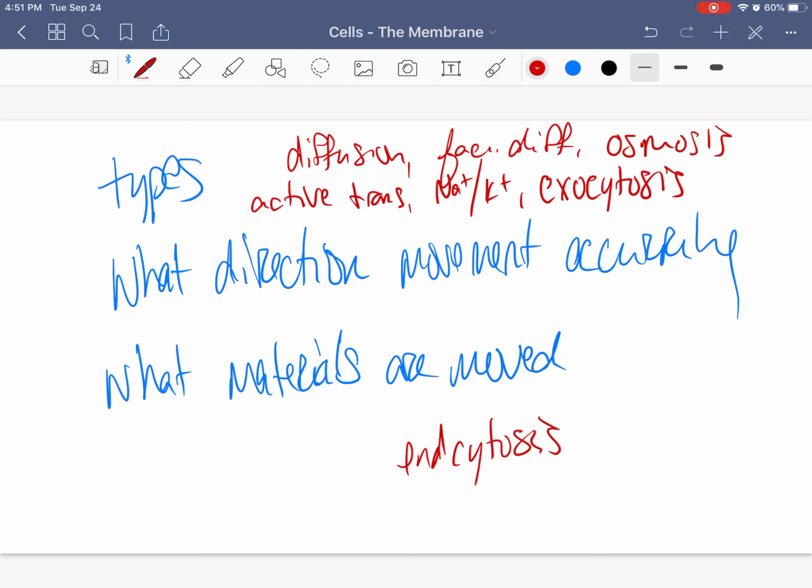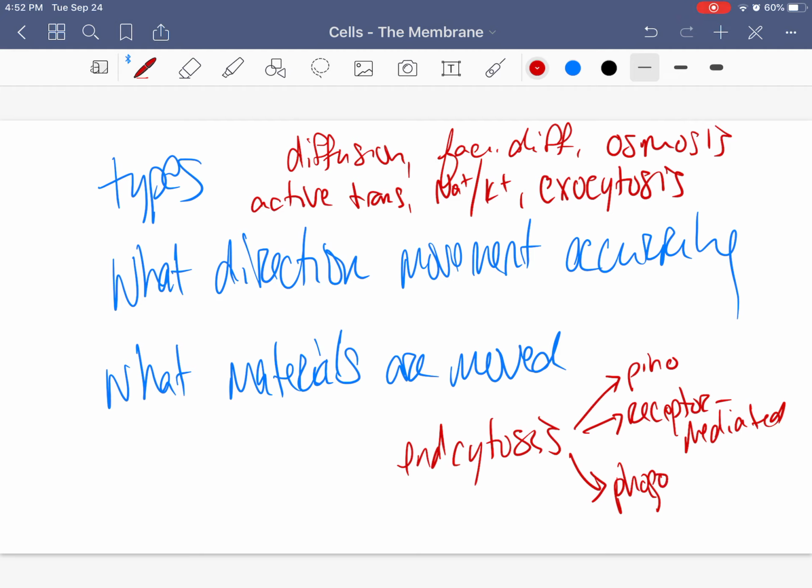With endocytosis, we talked about pinocytosis, we talked about receptor-mediated, and we also talked about phagocytosis.